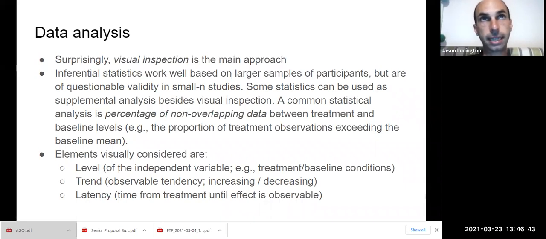Therapy happens on day 0 and we measure on day 0, day 1, day 2, day 3. Let's say 7 cigarettes are smoked on day 0. We might say, oh, look, the therapy had 0 effect. It's not different than baseline.